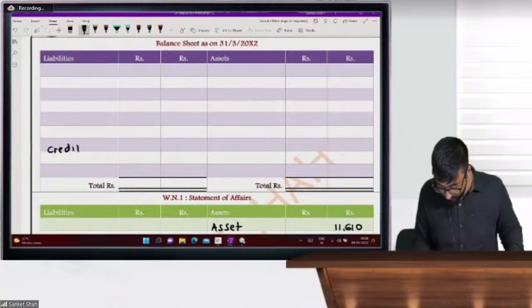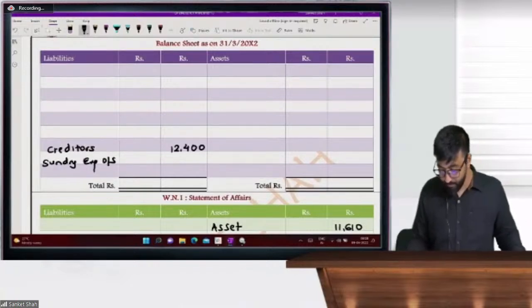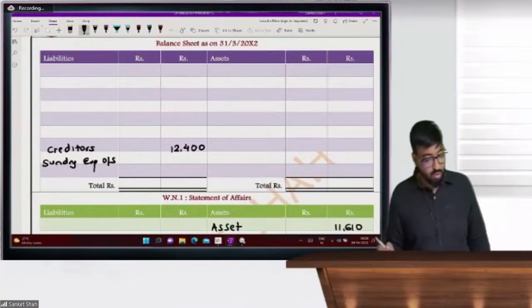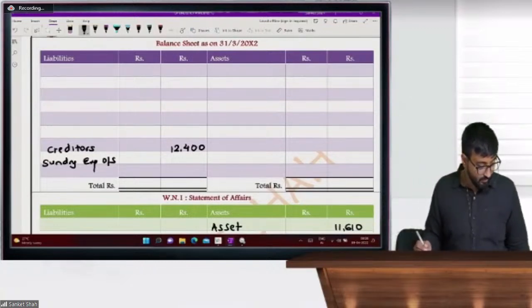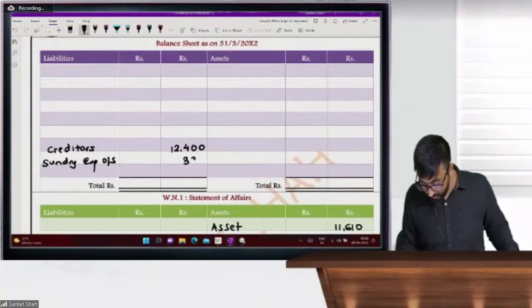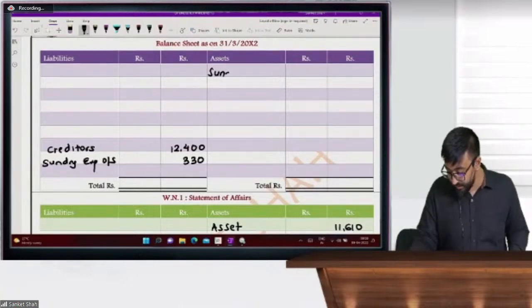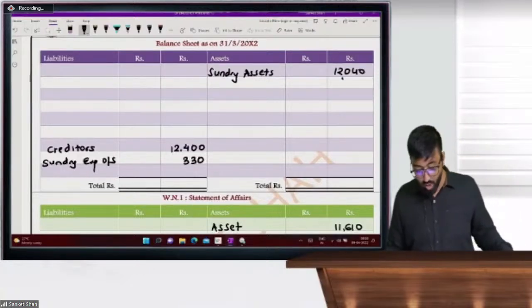Creditors. After 6-7 lines, huh? $12,400. Sundry expenses outstanding, $330. Next. Sundry assets 12,040. Give commas, huh?